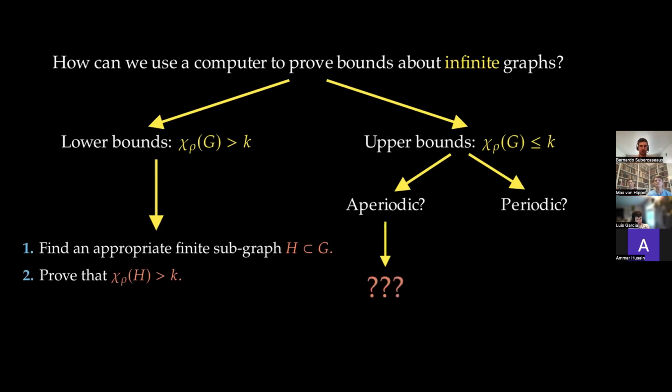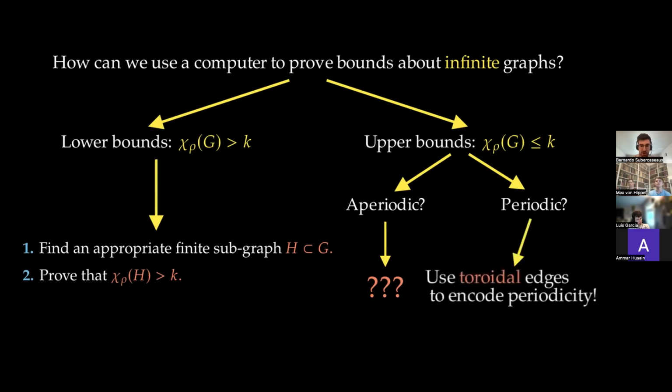If you want to find good aperiodic colorings with a computer, then the theory is really not great. We really don't know how to do this well. And if people are interested, at the end, we can talk about some concrete open questions about this that I would love for somebody to find an answer to.